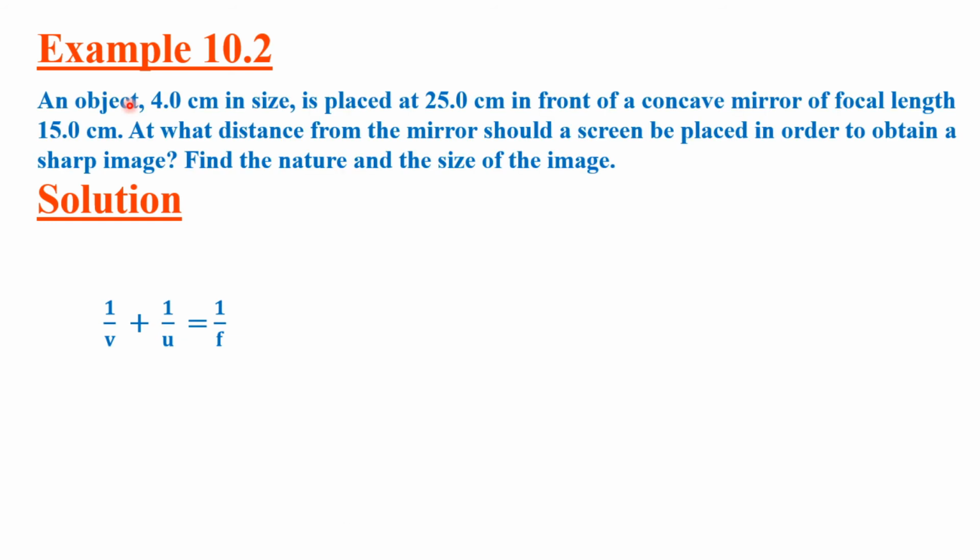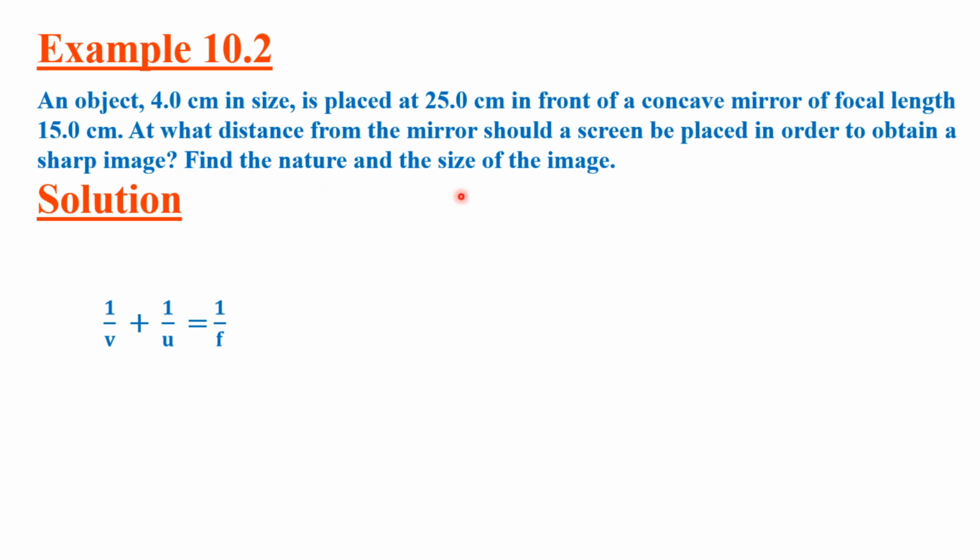Let us solve example 10.2. An object 4 cm in size is placed at 25 cm in front of a concave mirror of focal length 15 cm. At what distance from the mirror should a screen be placed in order to obtain a sharp image?